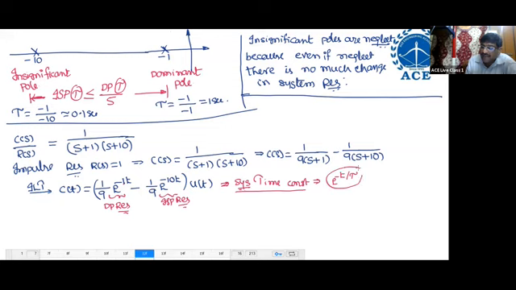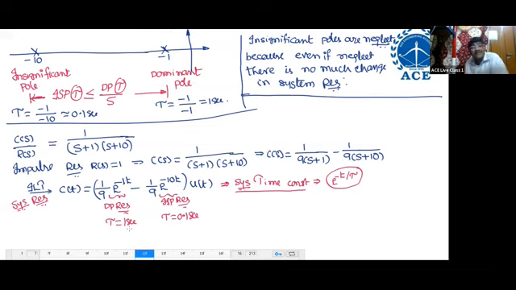Compare the exponential term here. 1 by tau equal to 1 means tau equal to 1 second. 1 by tau equal to 10, what is tau? 0.1 second. If they ask the system time constant, we can say this is the insignificant pole, so we can neglect it. I can say time constant equal to 1 second.